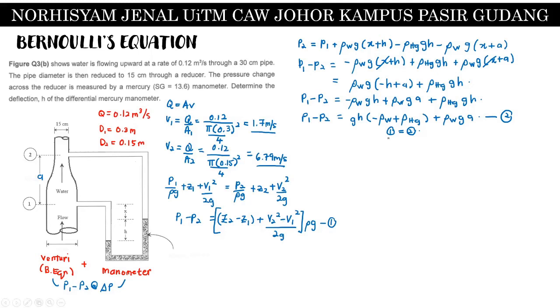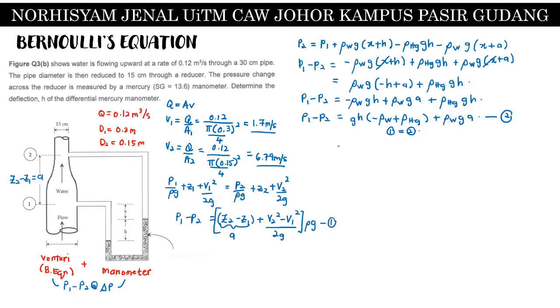So we put this on the left side, z2 over z1 over here. Just now we have a as the representative. Okay, so z2 minus z1 is equal to a, so we use that as a.